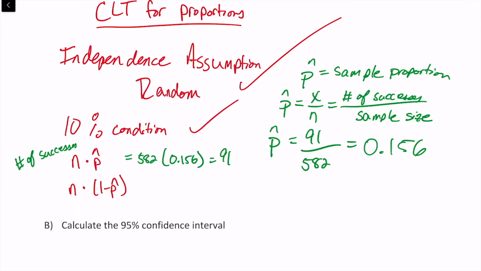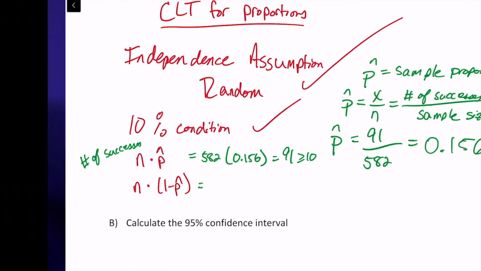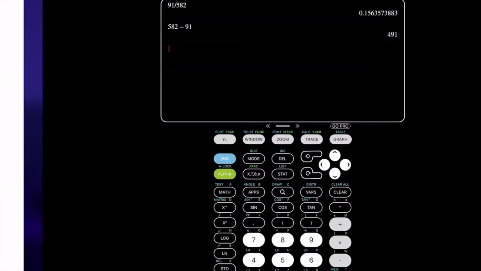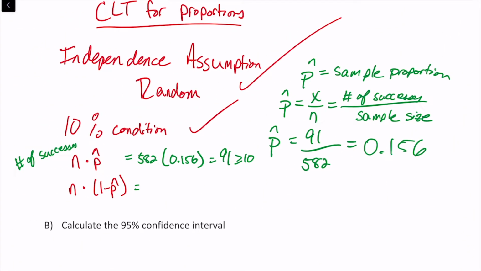So certainly 91 is greater than or equal to 10. If we do n times 1 minus p hat, that's the number of failures. Really quickly, I'm going to take 582, subtract away 91, and that tells me the number of failures, which is 491. So if we take 582 times 1 minus 0.156, we're going to get something close to that.